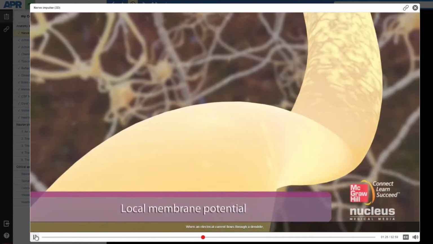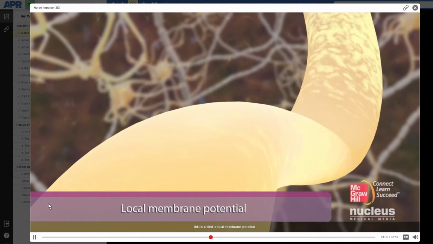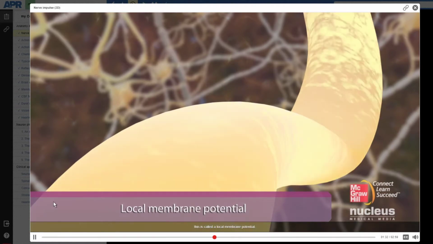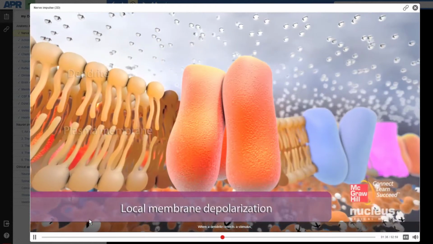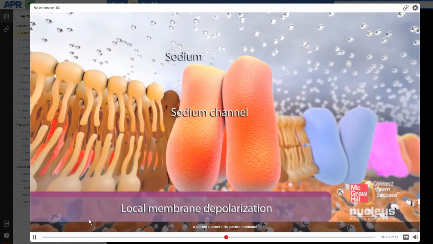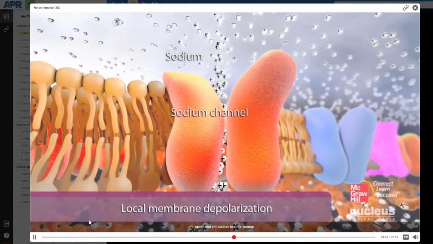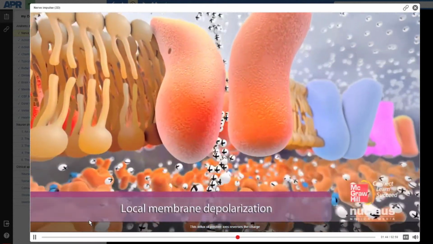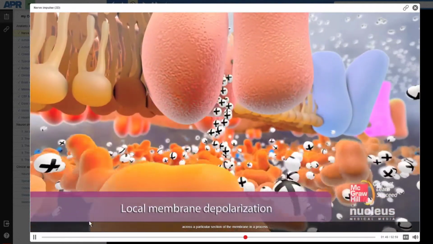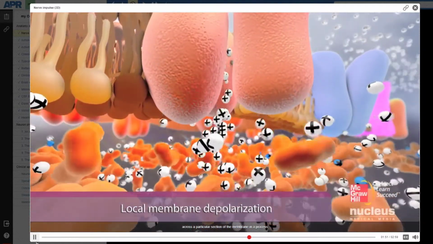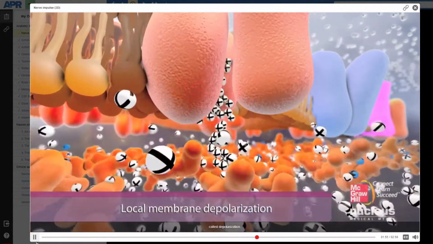When an electrical current flows through a dendrite, this is called a local membrane potential. When a dendrite detects a stimulus, a sodium channel in its plasma membrane opens and lets sodium into the neuron. This influx of positive ions reverses the charge across a particular section of the membrane in a process called depolarization.